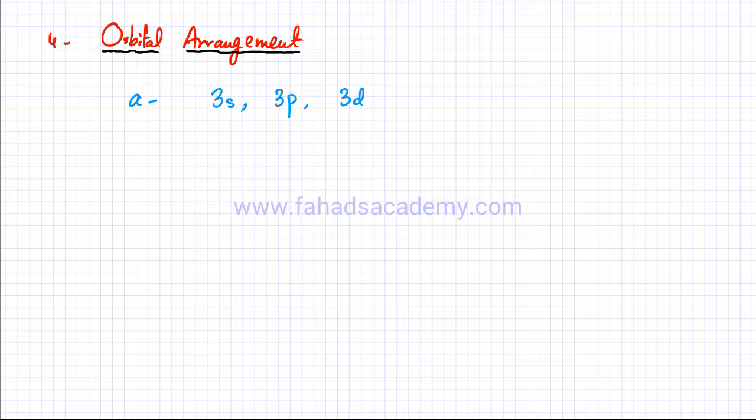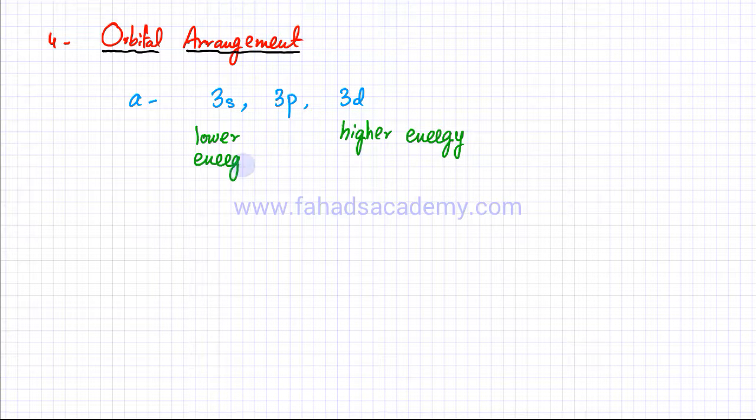Now the problem is, if you're removing an electron, there's some slight difference, which is that the 3d orbital is going to be at a slightly higher energy, and the 3s orbital is going to be at a slightly lower energy.